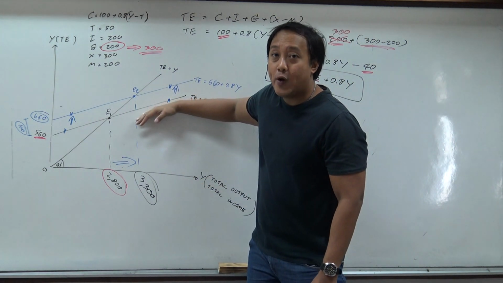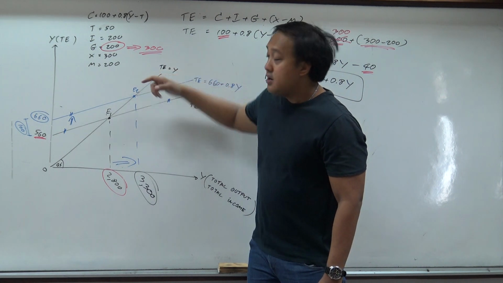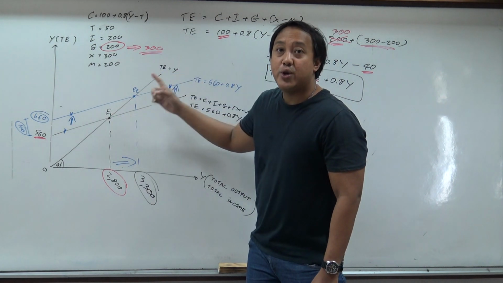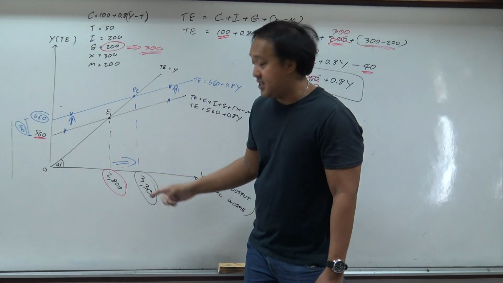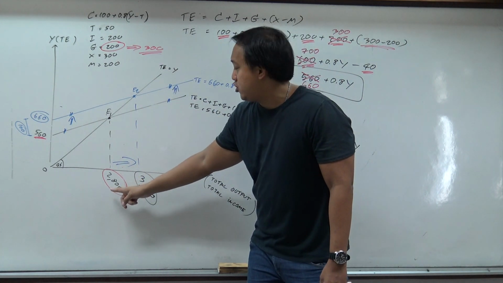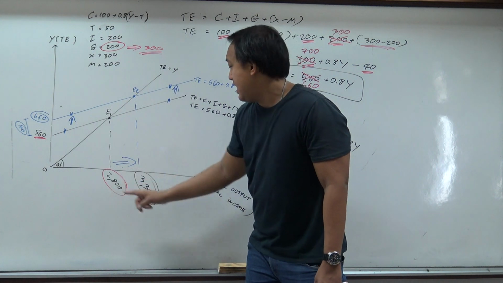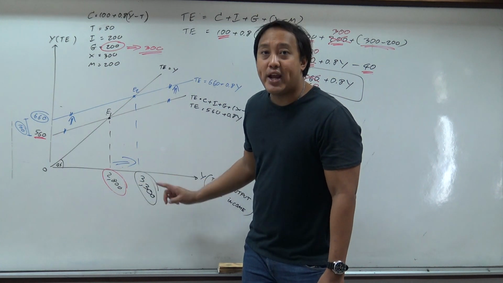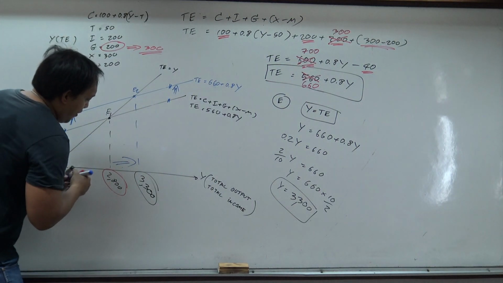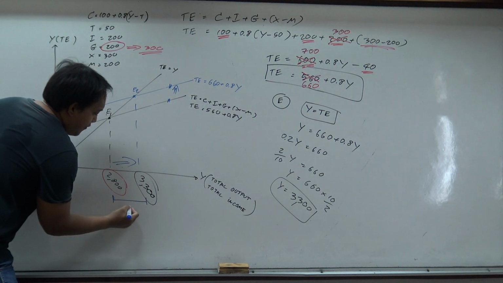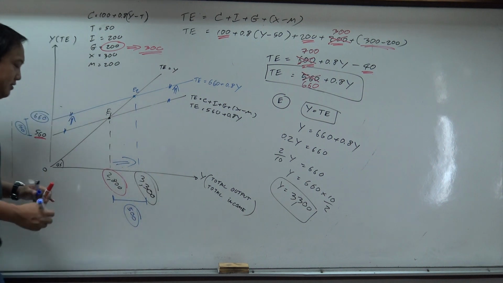After that, the total expenditure curve shifts up, the equilibrium point moves from E1 to E2, and finally, as a consequence, the GDP increases from 2,800 to 3,300, an increase of 500.